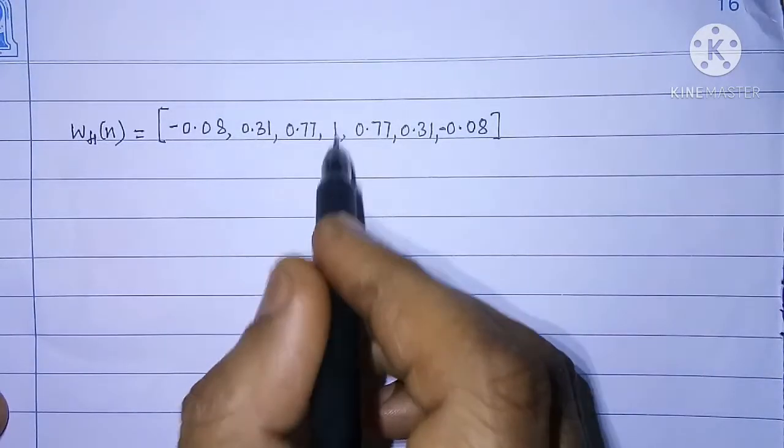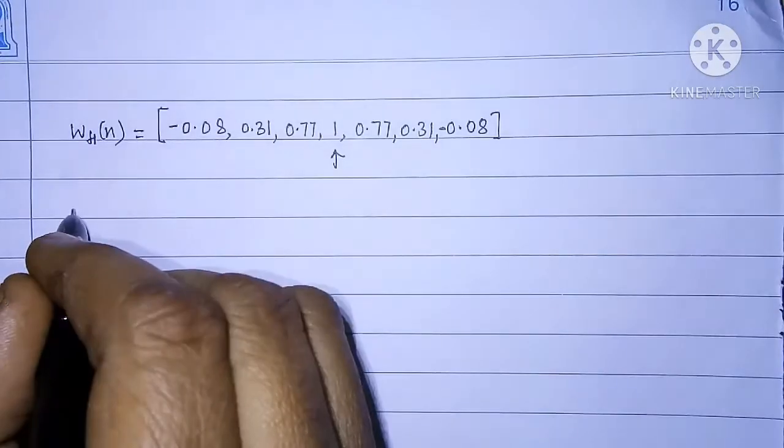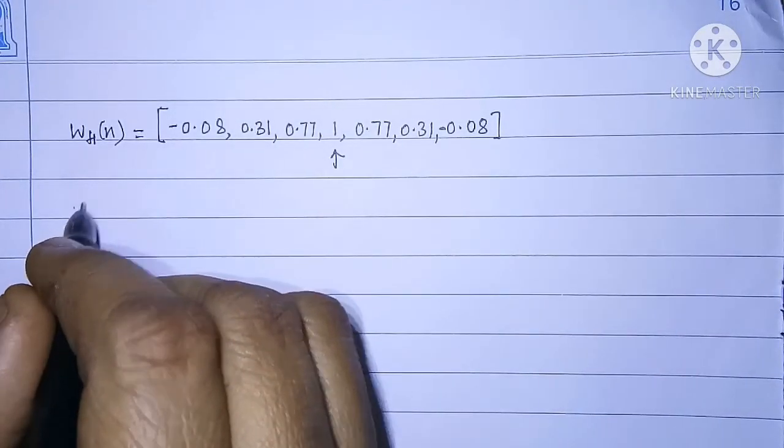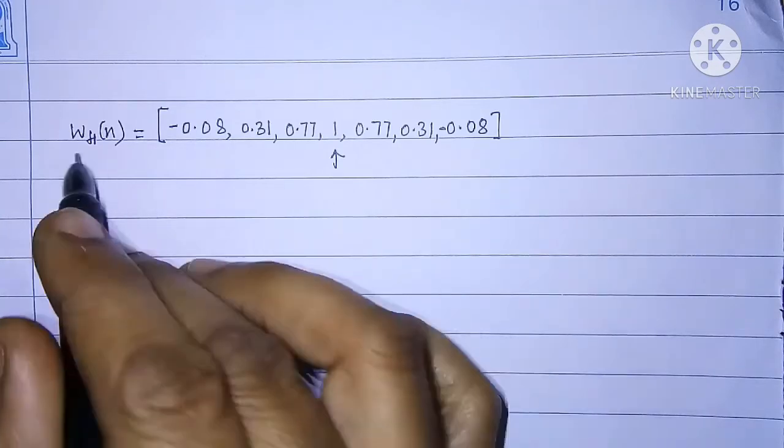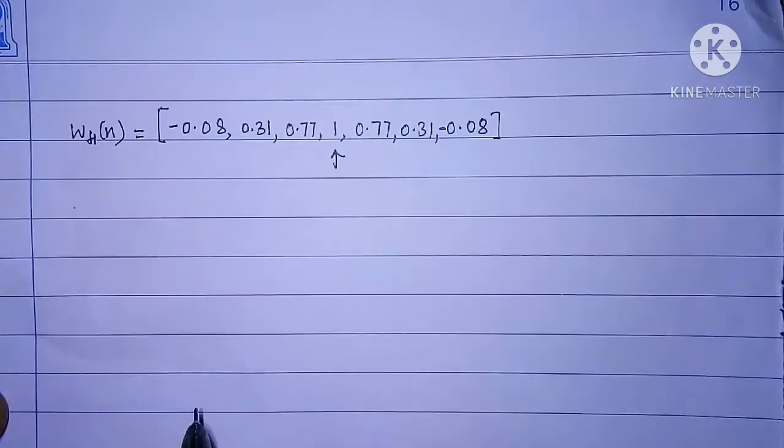That is 0th sample 1 is here. The 0th sample of WH of n is 1, and that can be shown here.